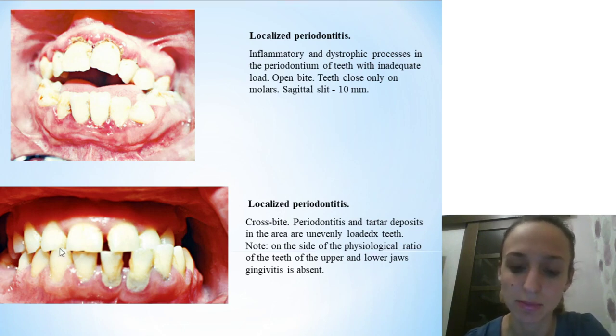periodontitis and tartar deposits in the area unevenly. Yes, and on the side of the physiological ratio of the teeth of the upper and lower jaws, gingivitis is absent.